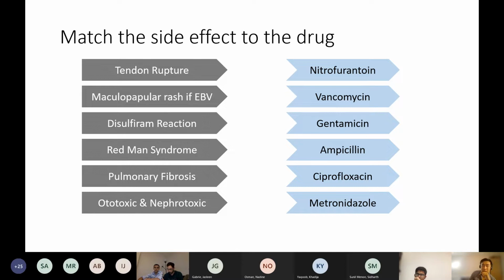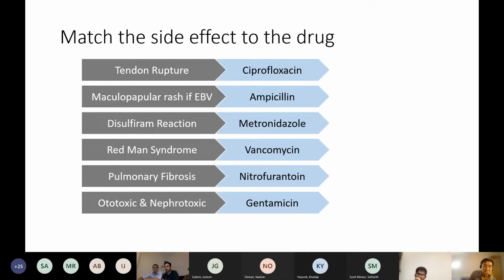Ampicillin, maculopapular rash. And note, ampicillin and not amoxicillin, and I can rant about that later. Metronidazole, disulfiram, and gentamicin. Yeah, we've covered it all. Well done, team. So yeah, my rant tends to be about this reaction here.